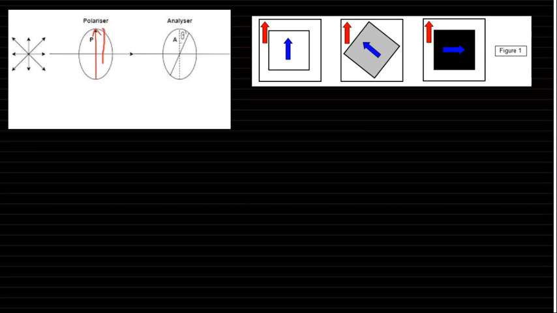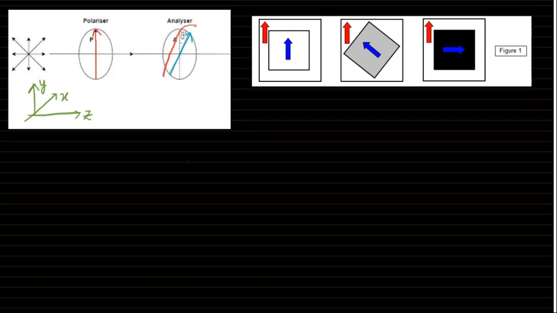If this red represents the axis of polarization, what is the axis of polarization? By axis I mean your x-axis, y-axis and z-axis. So this represents the polarizer axis, which is in the y direction. All of the waves coming out of this polarizer will be vibrating along the y-axis.